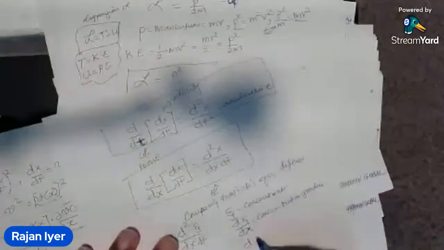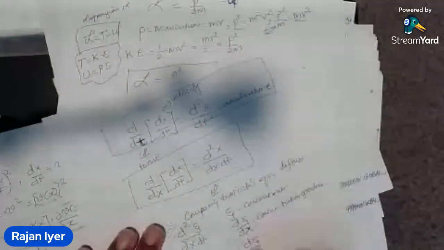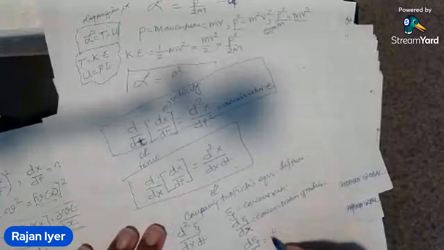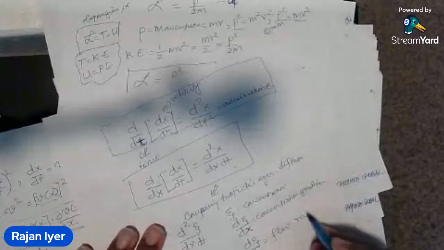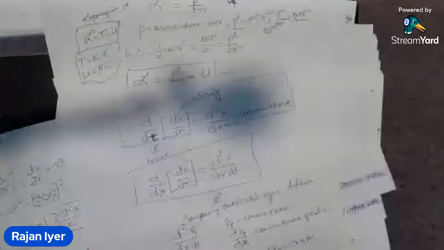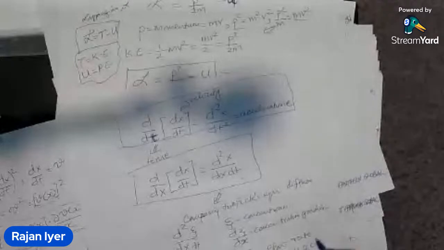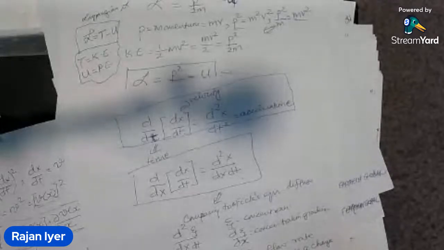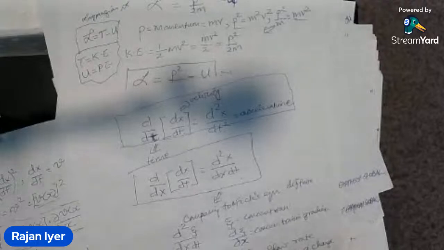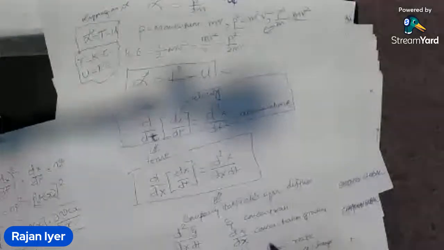And then d psi over dt is the flow rate, the time rate of change of concentration. So it is connected with the flow rate. So this is how we get this equation.